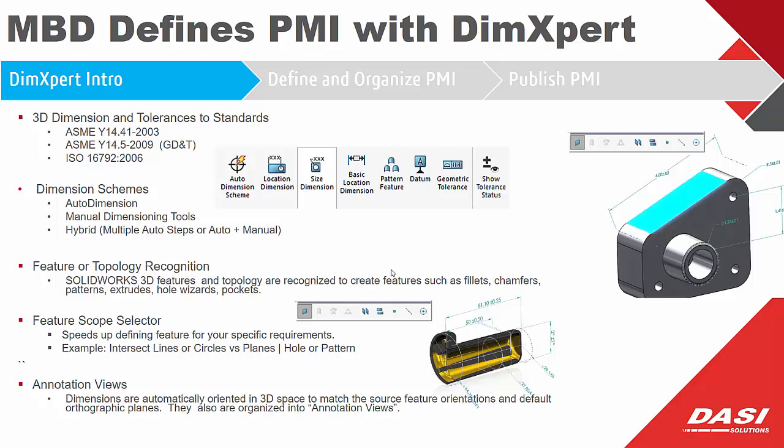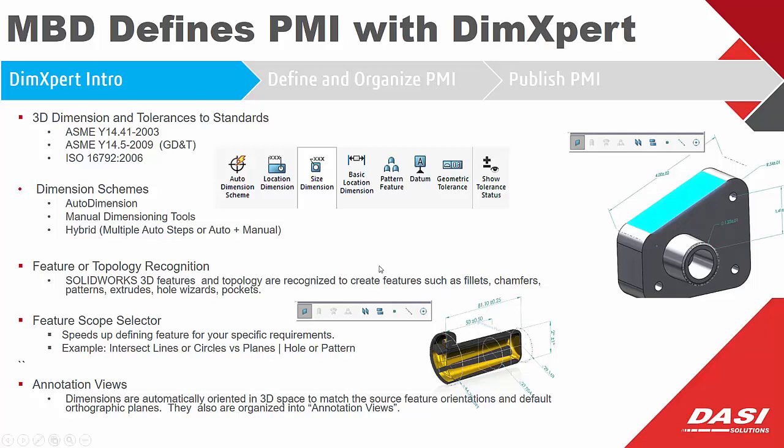So how does MBD define PMI? First, MBD is model-based definition, and PMI is product manufacturing information. Well, it leverages some technology inside of SOLIDWORKS. Every seat of SOLIDWORKS has some technology called DimExpert. And this DimExpert complies with the ASME standard Y14.5, and when we apply that to a 3D model, it complies with Y14.41.